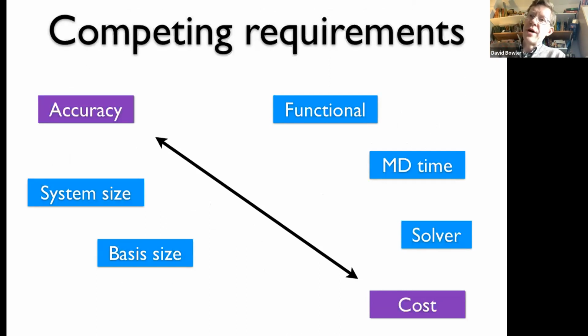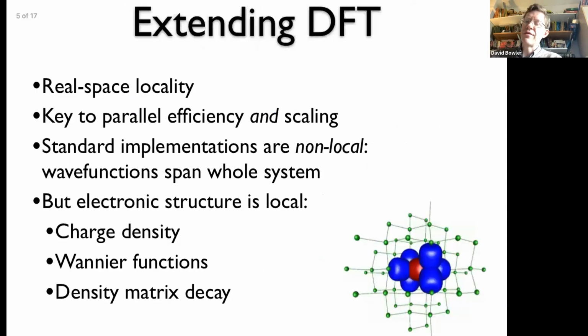Now, the whole idea behind CONQUEST and most of the work that's done in extending DFT to very large systems is real space locality. So this is key to parallel efficiency as well as to computational scaling. So standard DFT implementations are non-local. The wave functions, the Kohn-Sham states that you calculate, span the whole system.